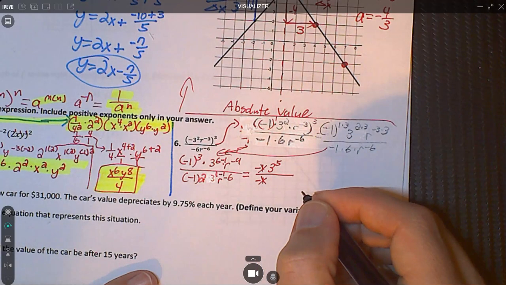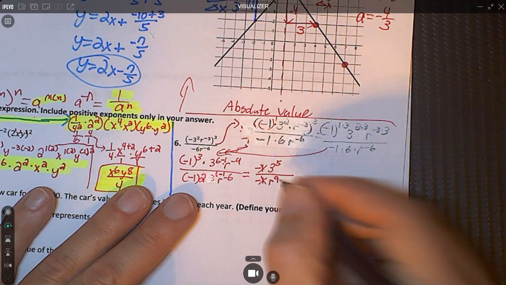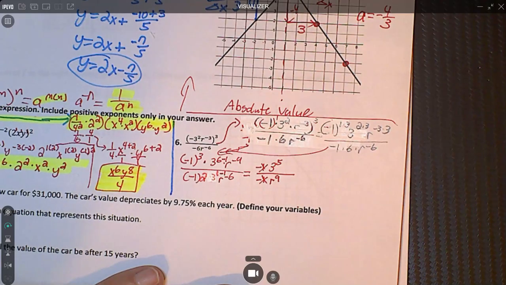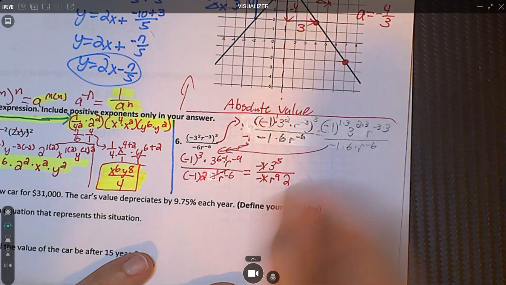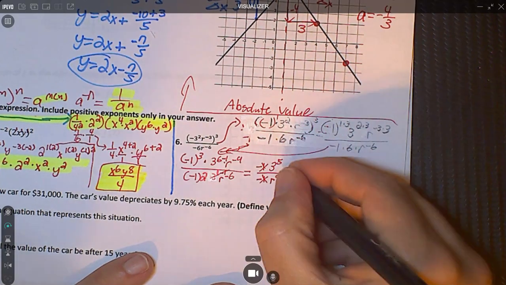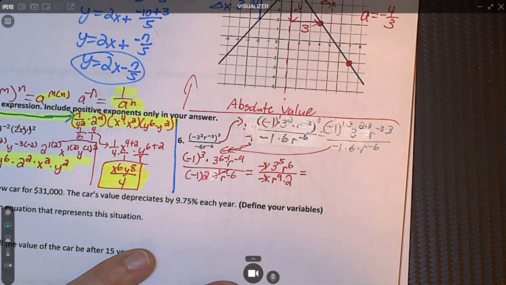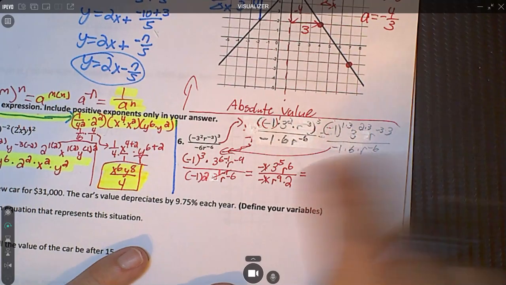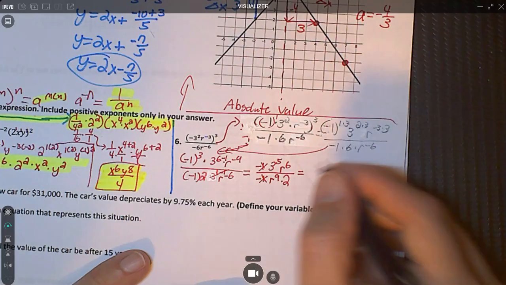And I would go ahead and move r to the negative 9 to the denominator. That'd give me 1, so this is over 2 times 2. And then r to the negative 6 would go up here. 3 times 3 times 3. Oh, you don't have to make it a whole number.